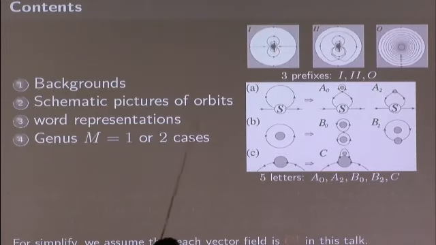We consider the schematic picture as a preparation to define the word representations. Finally, I show the list of all generic streamlines in compact manifolds with genus 1 and 1 or 2 boundary components.